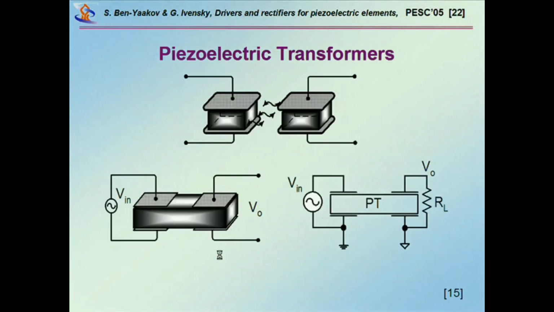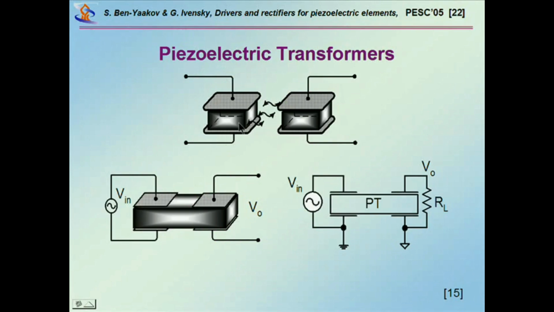Okay, so now we come to the transformer. This family is basically what we have: two elements, and as we apply voltage to one of them, of course, we generate a mechanical disturbance, which is sort of an acoustic or ultrasonic wave. And we actually have units like this.